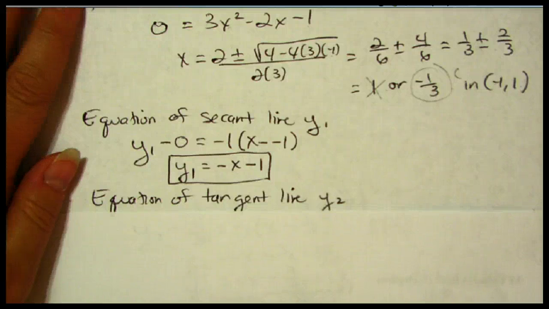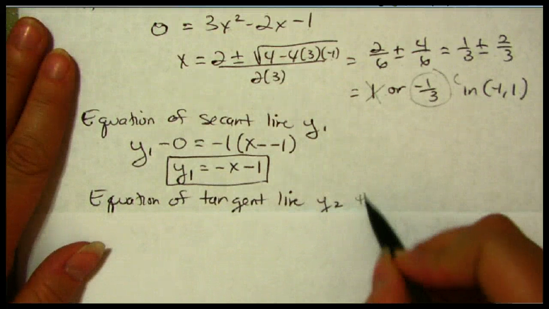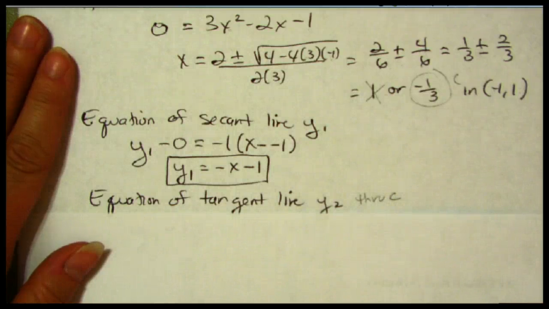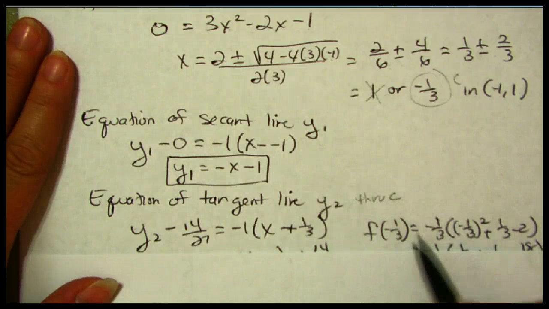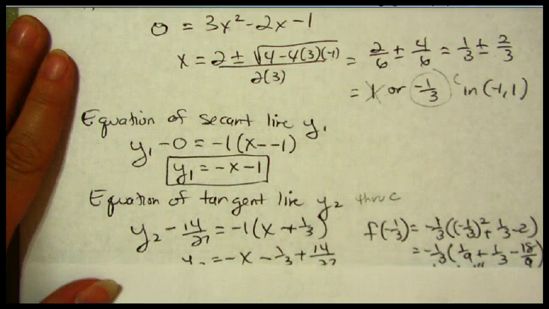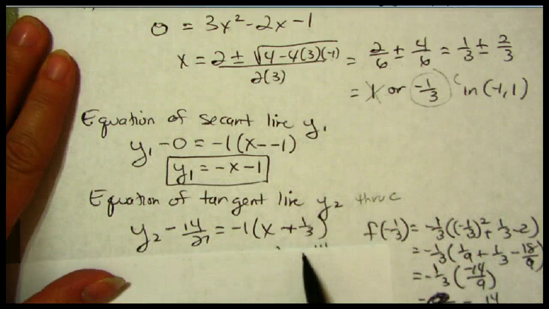Let's get the equation of the tangent line. That's through c. And so for c, I knew my c was -1/3. What I had to do was plug that back into the original function to get that ordered pair, because I need a point for point slope form.